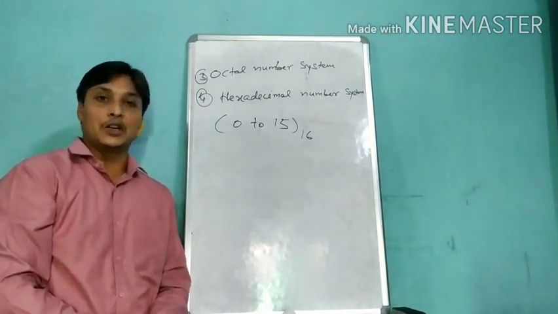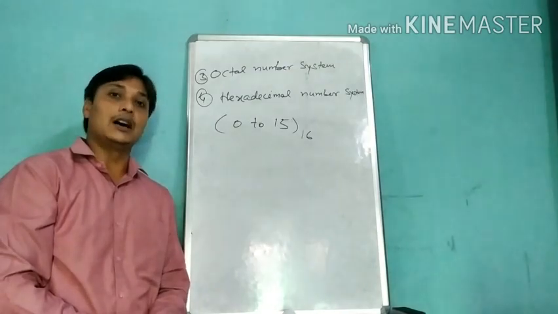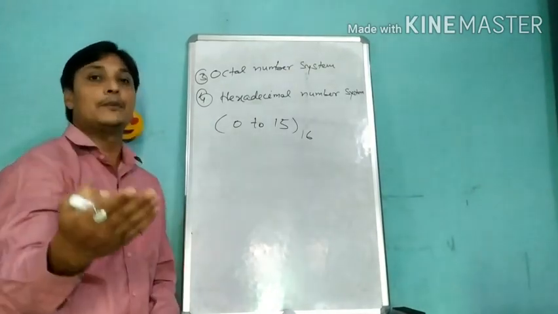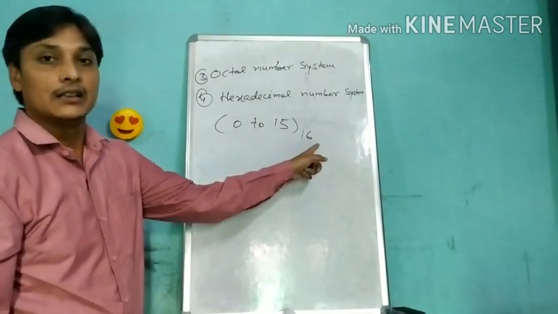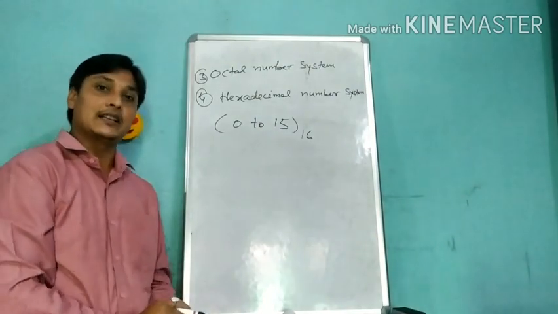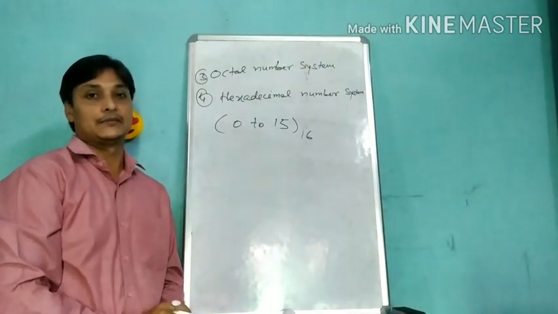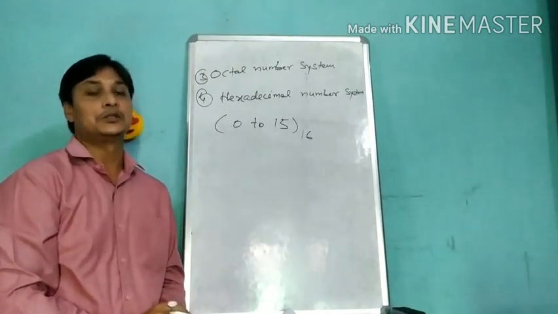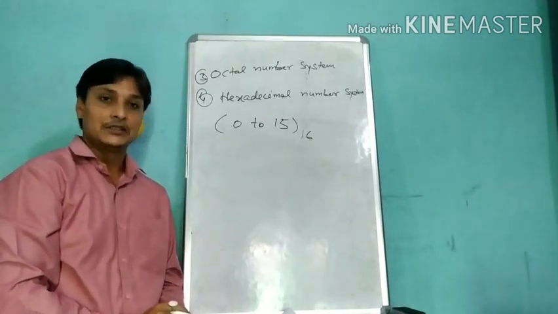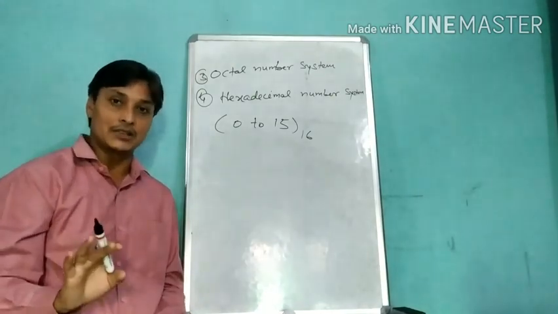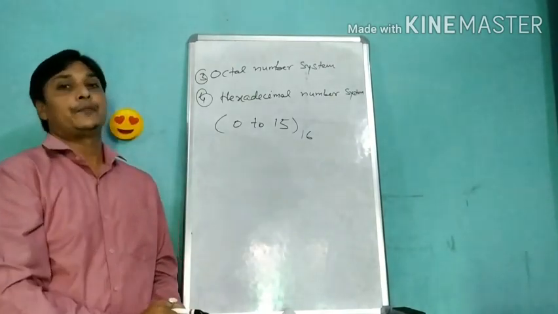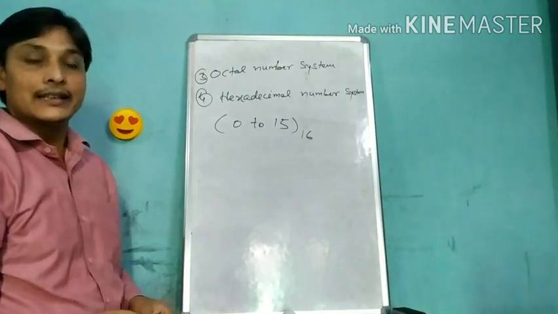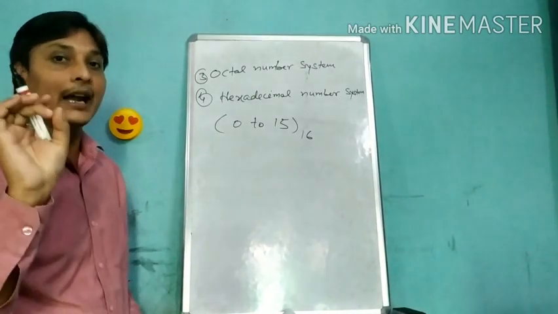So those types of number systems where the base is given 16 will be hexadecimal number systems. Is that clear? And the numbers will always come between 0 to 15. Any doubt, anyone?